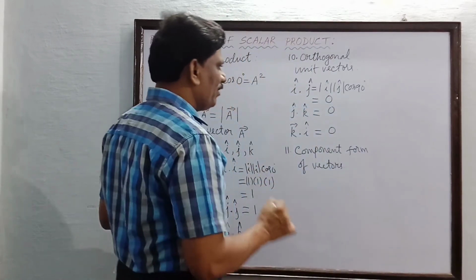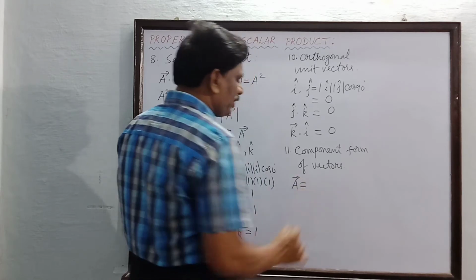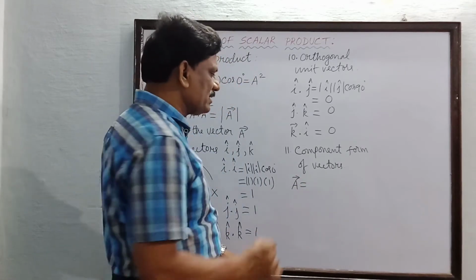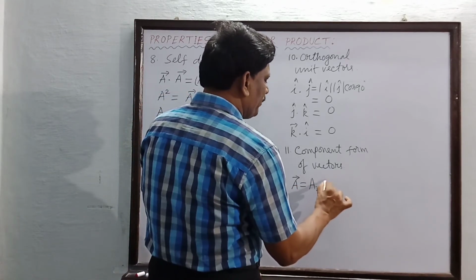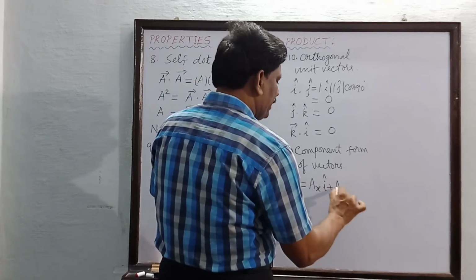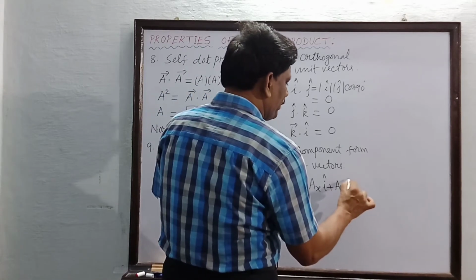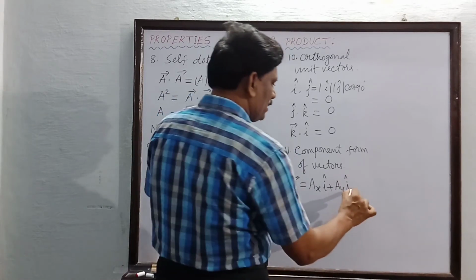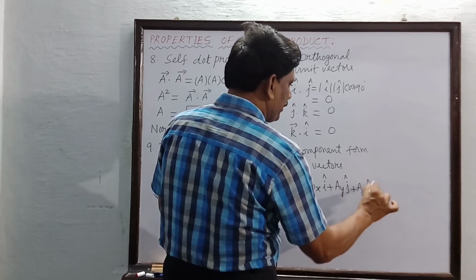Say for example, I will take a vector A having three components. One is the x component of A, namely Ax, and the unit vector along the x direction is i cap, plus Ay is the y component into j cap, the unit vector along the y axis, plus Az into k cap.